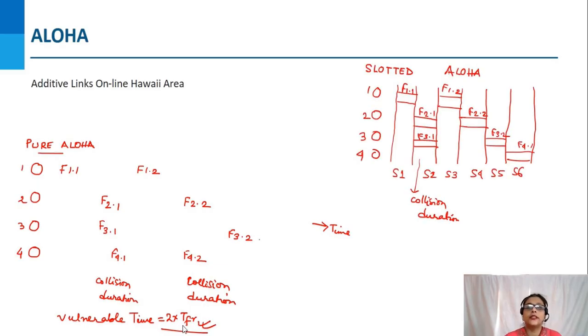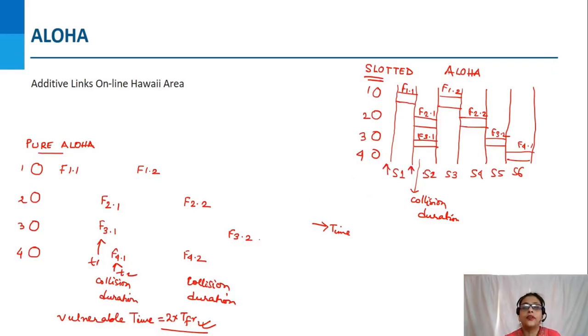Let us look at slotted ALOHA. This is an improved version of ALOHA. Here the time slots are defined like S1, S2, S3, S4, S5, S6 and the stations can transmit only at the beginning of a time slot. So here you can see that at this instant of time station 3 is sending and station 4 is sending at a different instant like T1 and T2. But here stations can transmit only at the beginning of the time slot.